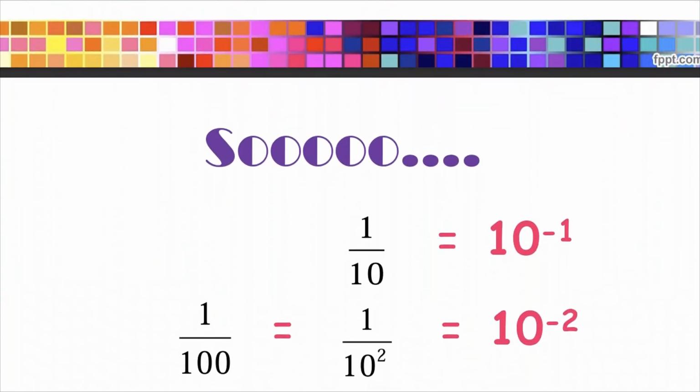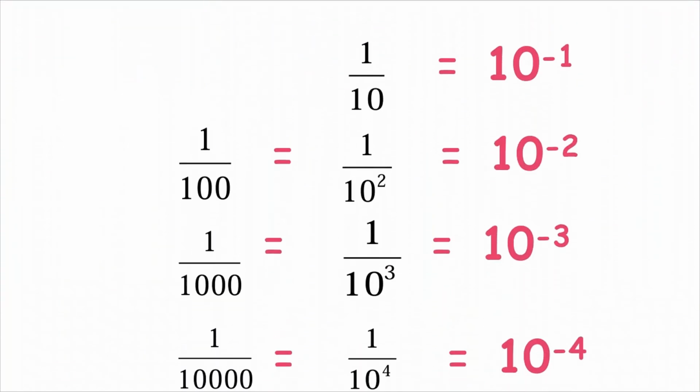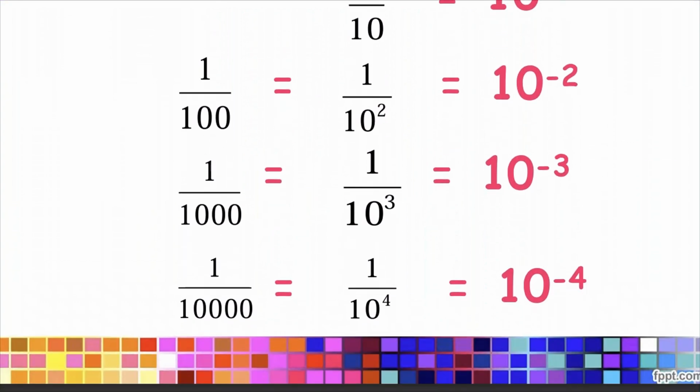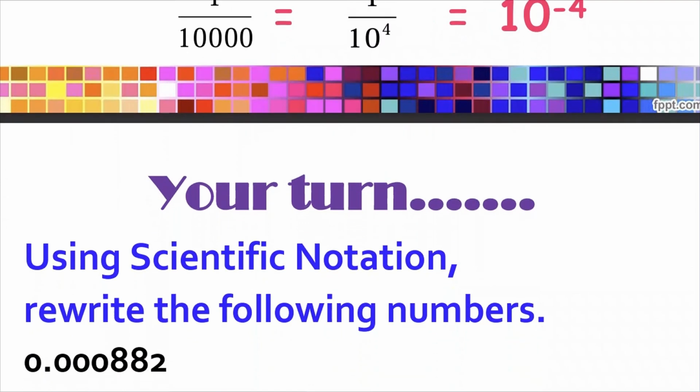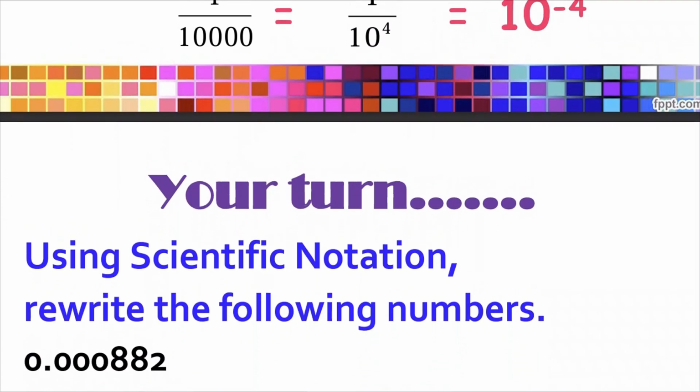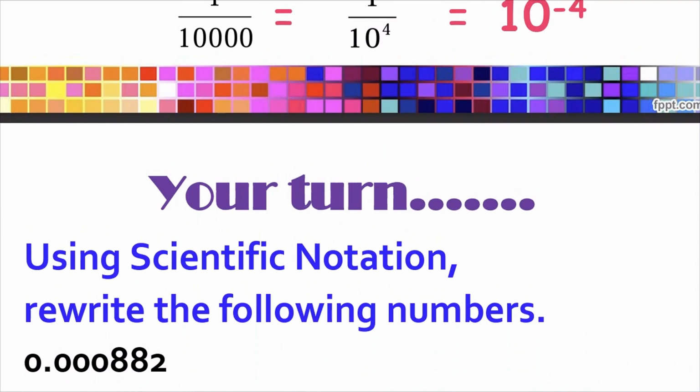Now the smallest numbers. If a number is smaller than 1, for example this one, 882. But before 882 you see there are three zeros. 0.000882.